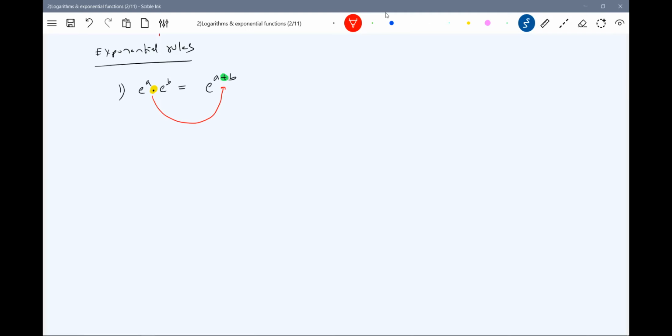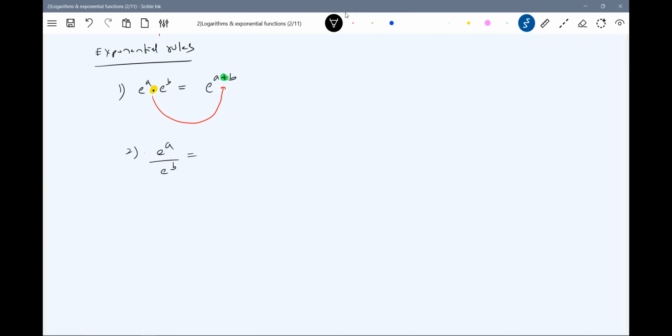So what is this exponential first rule? We can convert the product of two quantities into e to power of the sum of those two quantities. Like e to power of a is one quantity, e to power of b is one quantity. So this dot, the product, we are able to convert into sum. Next one, e to power of a divided by e to power of b.